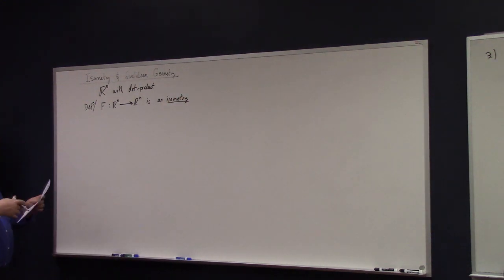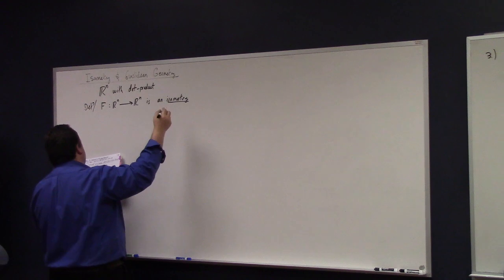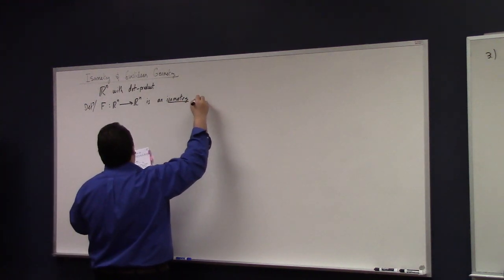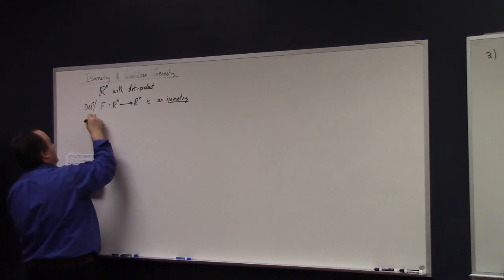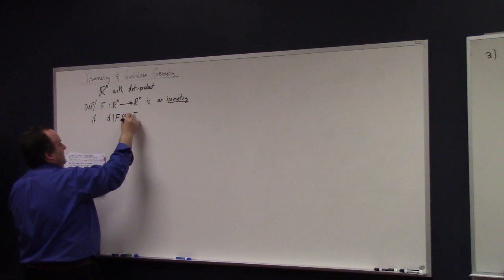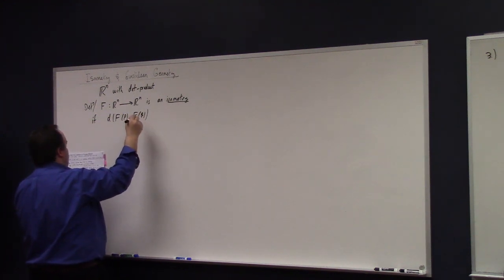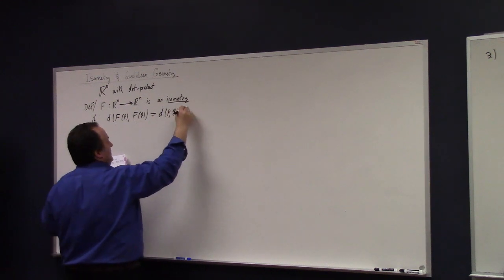It's Rn with the usual distance function as defined by the dot product, right? So F from Rn to Rn is an isometry if the distance from f of p to f of q is equal to the distance from p to q for all p and q in Rn.